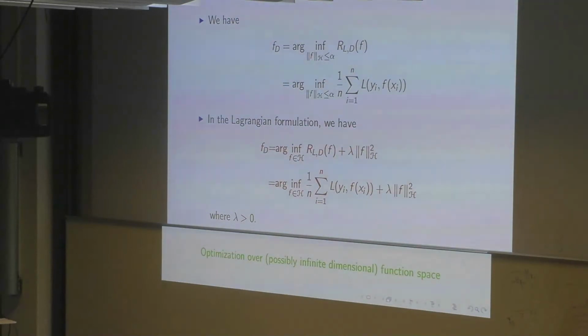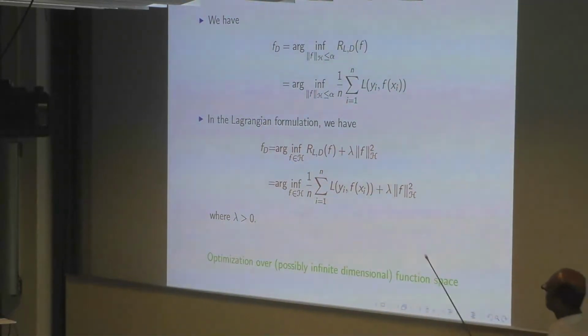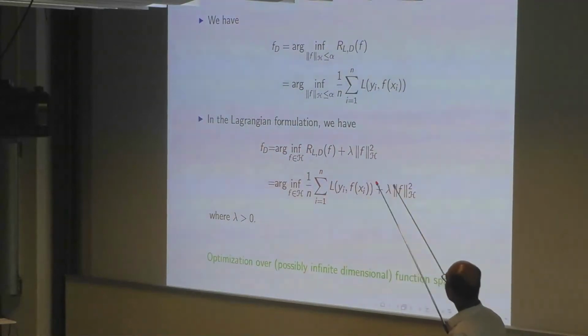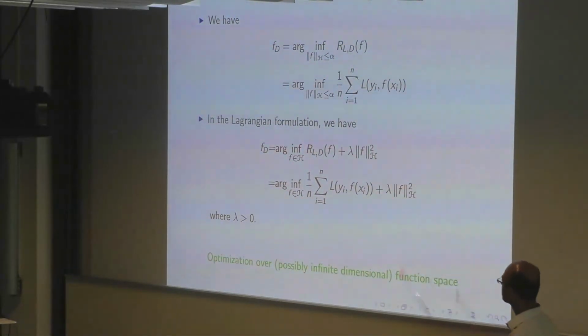As you see more and more samples, you slowly keep increasing the size of the class. That is the only way you would get consistency. If you fix the size of the class regardless of the sample size, you are never going to get a consistent estimate. So the choice of lambda determines the smoothness of the functions.